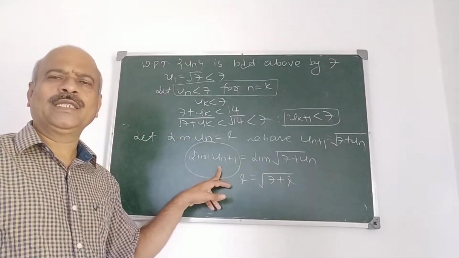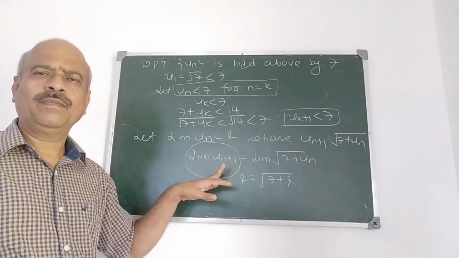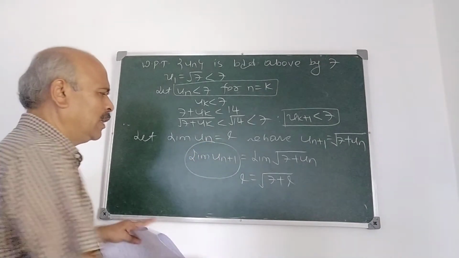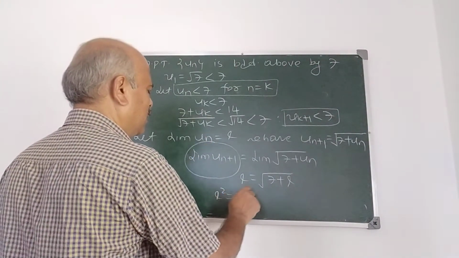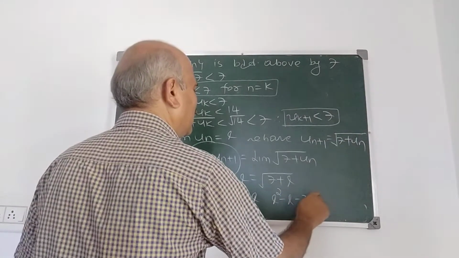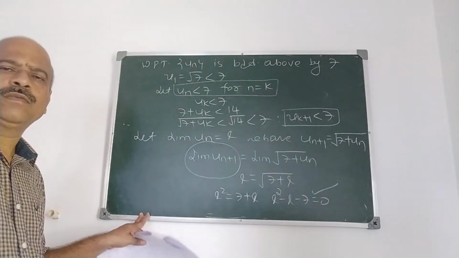If limit u_n is L, then u_{n+1}, u_{n+2} are all L, because the nth term u_n tends to L. Therefore, L square is 7 plus L. L square minus L minus 7 is 0. What is L? The limit of the sequence.